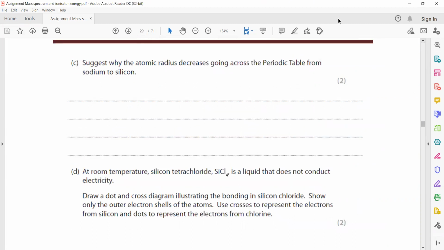And suggest why atomic radius decreases as we move across the period. So as we move across the period, the nuclear charge increases. It's of 2 marks. So for the distribution of the marks, you will mention when we move across the period, the nuclear charge is increasing.